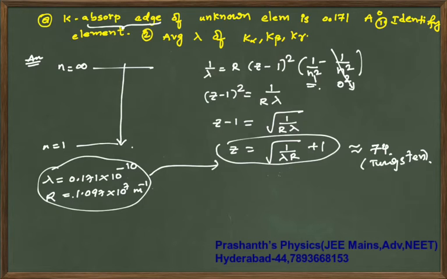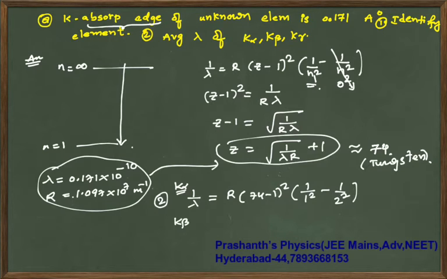Now coming to the second part, 1 by lambda equals R times (74 minus 1) whole square. For the K alpha line you substitute 1 by 1 square minus 1 by 2 square.